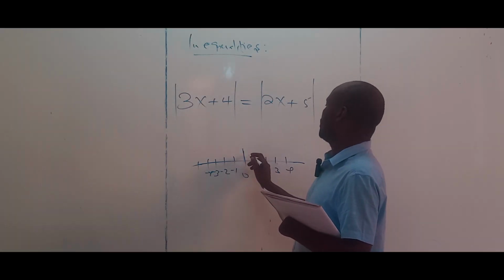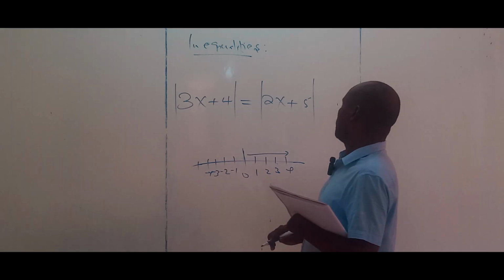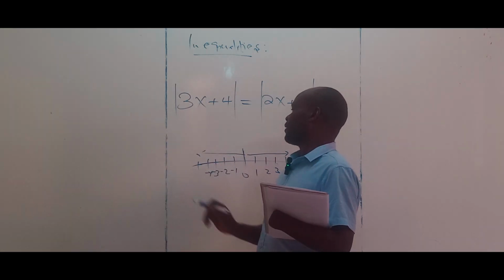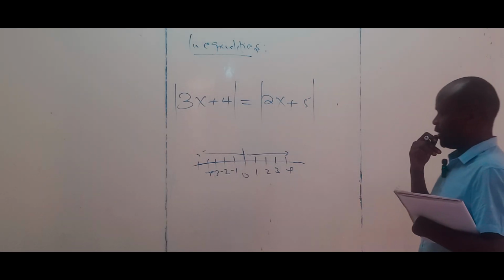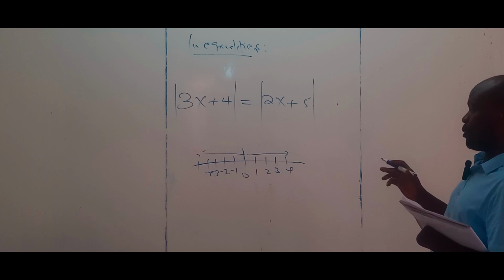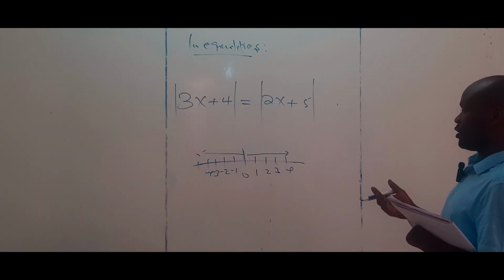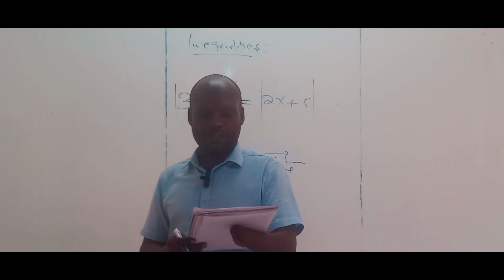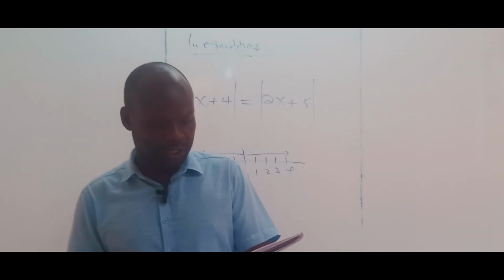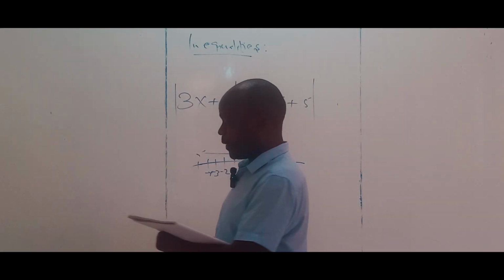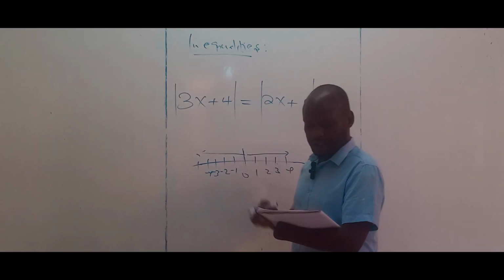I can move 4 units this end, or I could move 4 units the other end, in which case I shall have moved 4 units. What makes the difference in sign is the direction. But there are situations where that direction is not what we pay attention to. That's exactly why we have this.